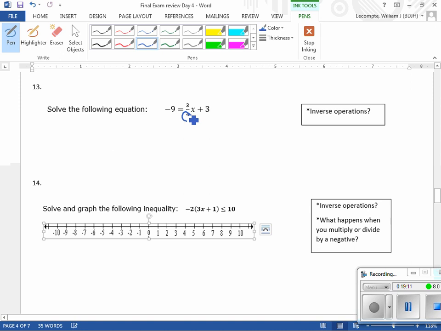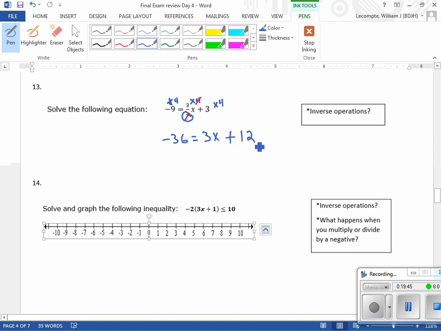So we're going to multiply this times 4, the 3 times 4, and the other 3 times 4. And that's going to give me negative 36 is equal to 3x plus 12, because the 4's cancel each other out.